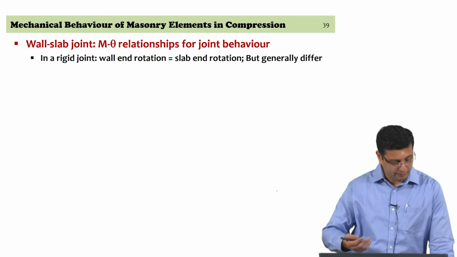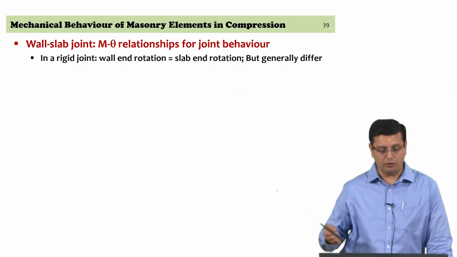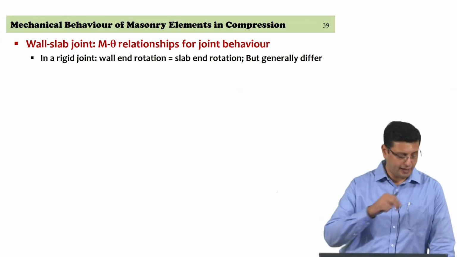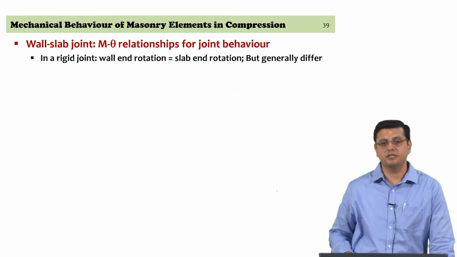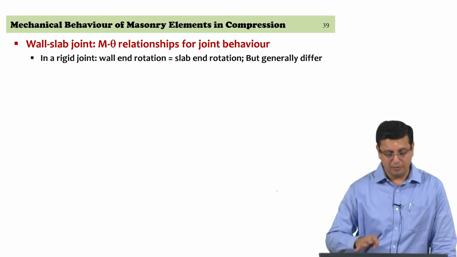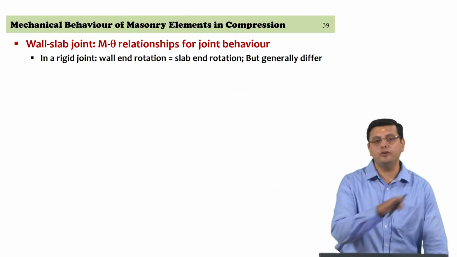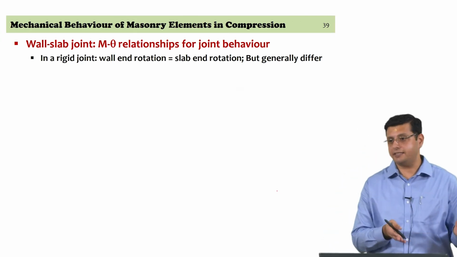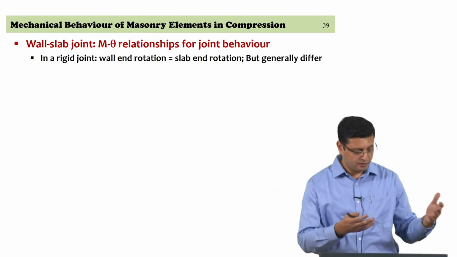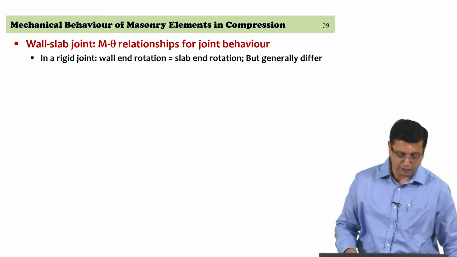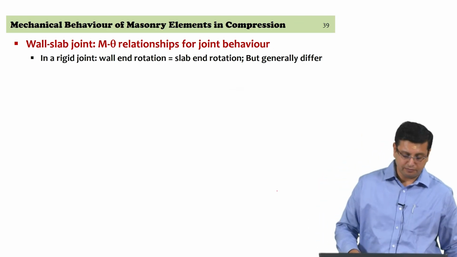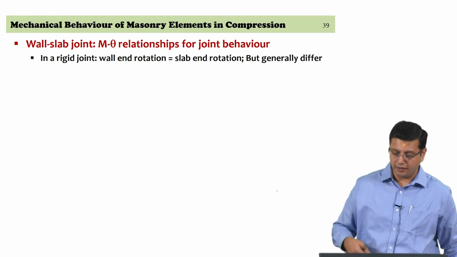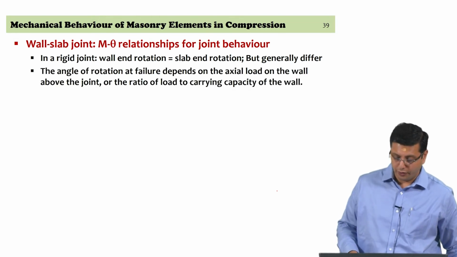So, is it possible to make an estimate of these two, and if so, can a moment rotation relationship for the joint behavior be developed, and can that be used for your end rotation estimates, and then used within those example parametric curves that we were looking at to estimate what the vertical load carrying capacity of the wall is going to be?